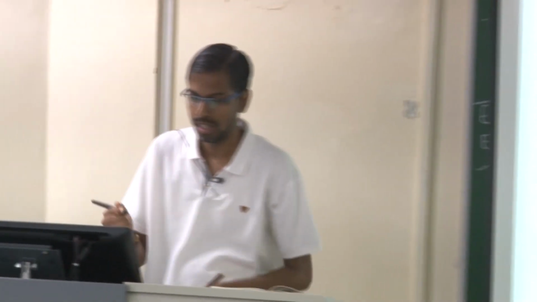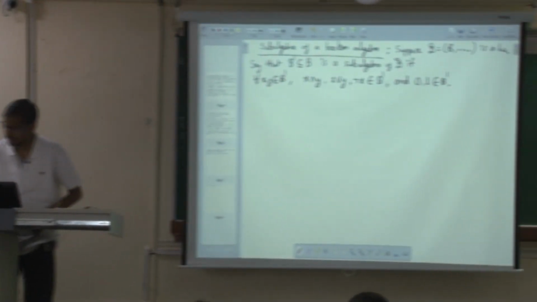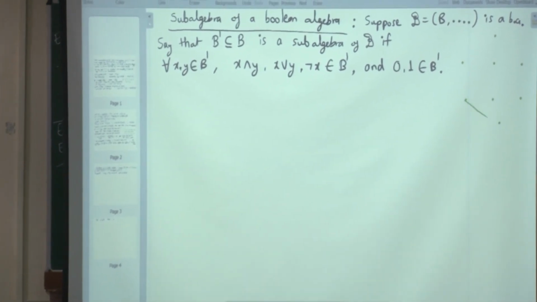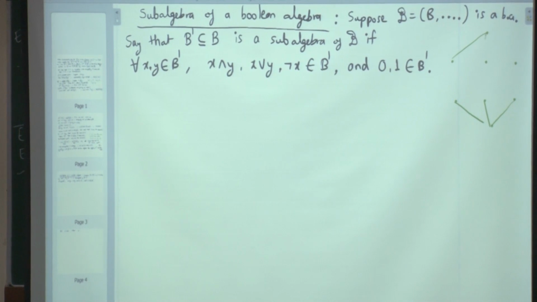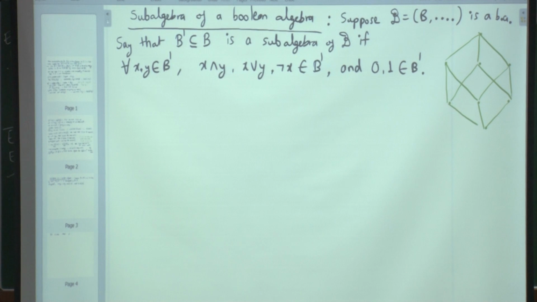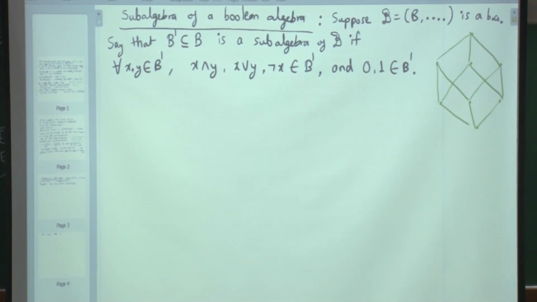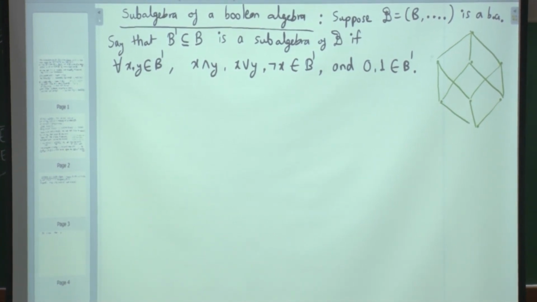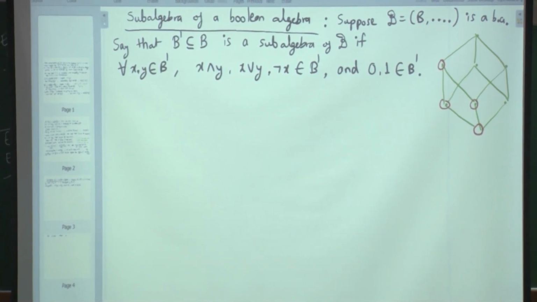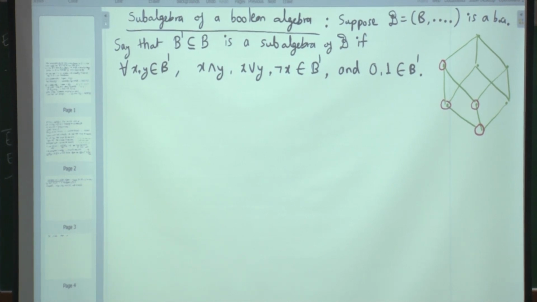See, what could go wrong? I can draw an example. You remember this example? Now, I can suddenly say that only these red things, that is a Boolean algebra. It is a Boolean algebra by itself, correct? Because it has a least element, it has a largest element, then it has only one other element and its complement.